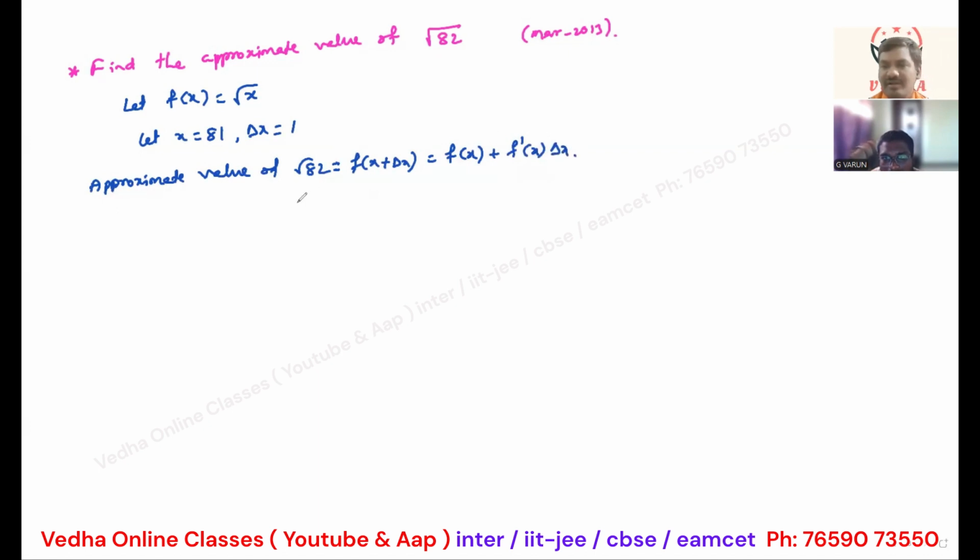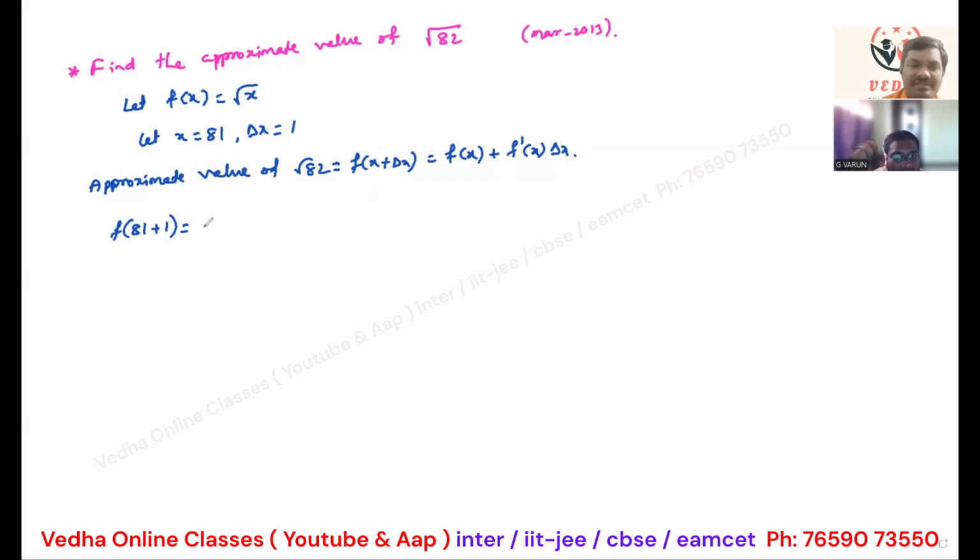This is the formula. Here x is 81 and delta x is 1.